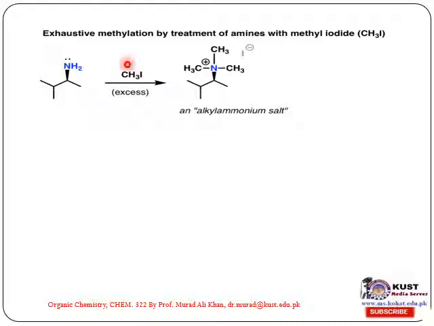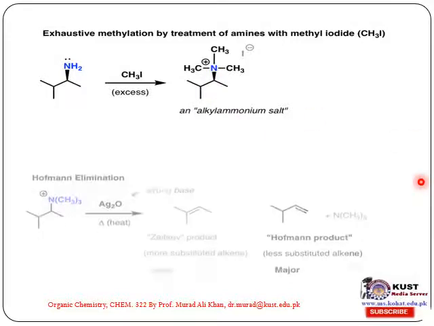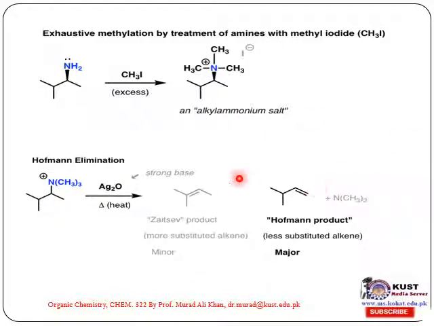Here, exhaustive methylation by treatment of the amine with methyl iodide gives an alkyl ammonium salt. Then it is treated with a strong base, silver oxide, and we get two products. The Zaitsev product, the more substituted alkene, is a minor one. And the Hofmann product, the less substituted alkene, is the major product. Thank you very much.